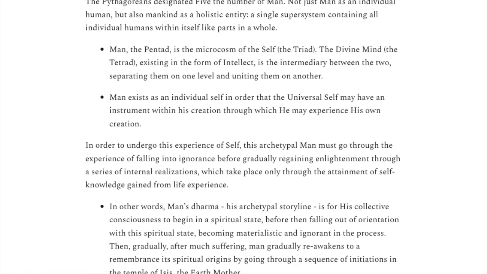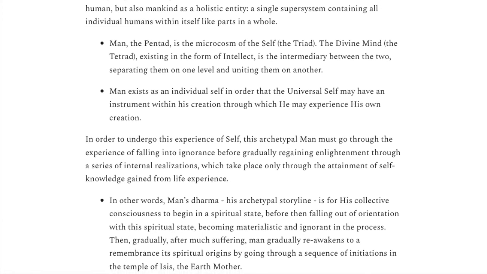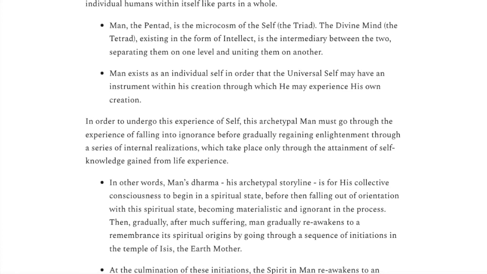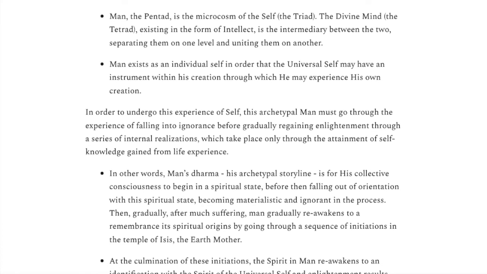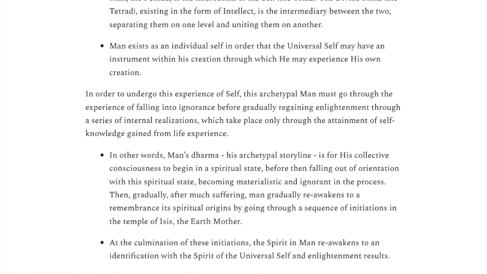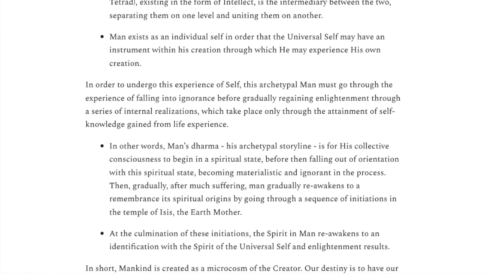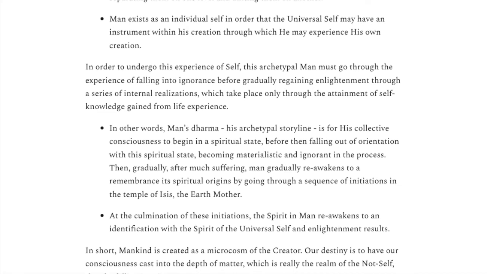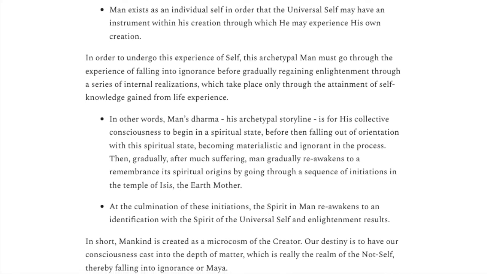In other words, man's dharma, his archetypal storyline, is for his collective consciousness to begin in a spiritual state, before then falling out of orientation with the spiritual state, becoming materialistic and ignorant in the process. Then, gradually after much suffering, man reawakens to a remembrance of his spiritual origins by going through a sequence of initiations in the temple of Isis, the Earth Mother.